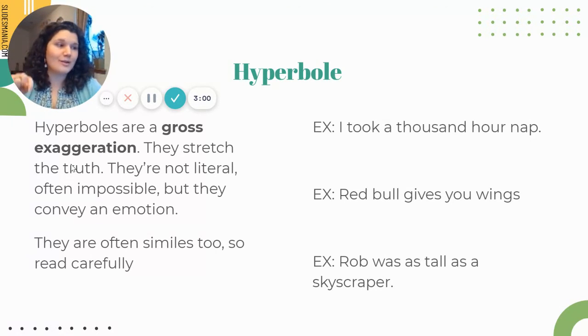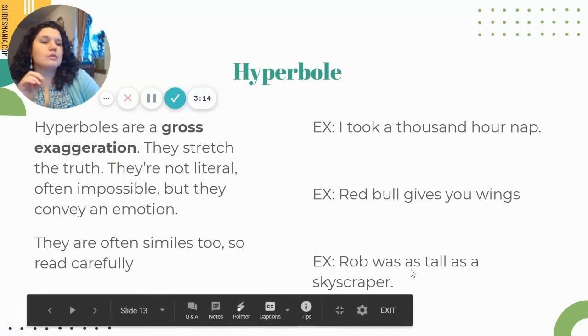Rob was as tall as a skyscraper. Rob is not actually as tall as a skyscraper, but he might be pretty tall. And this is an example of one that is a simile also, because it has that phrase, as tall as.